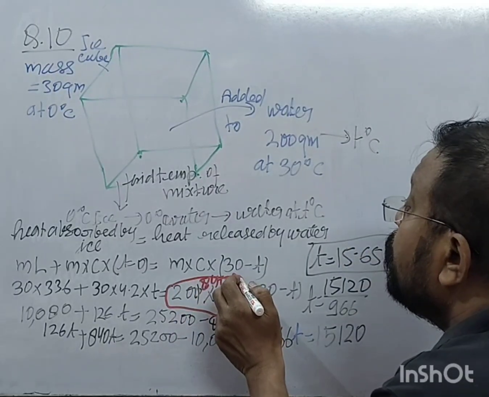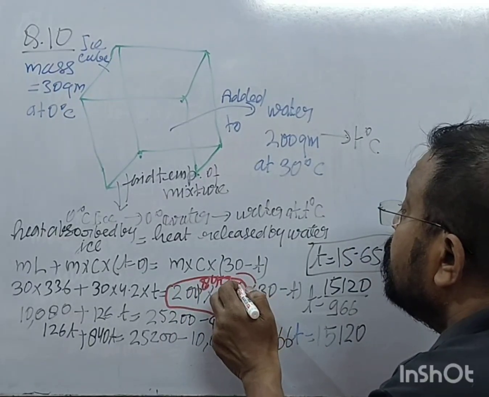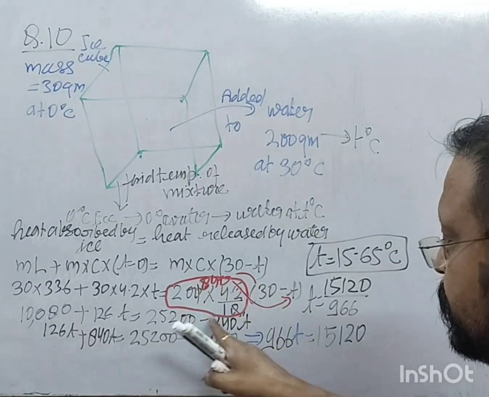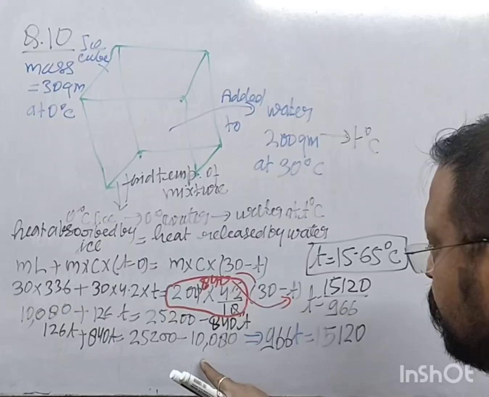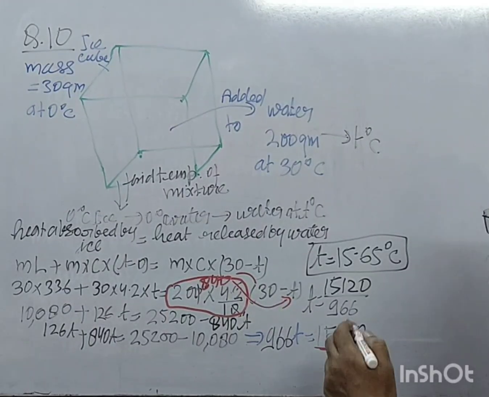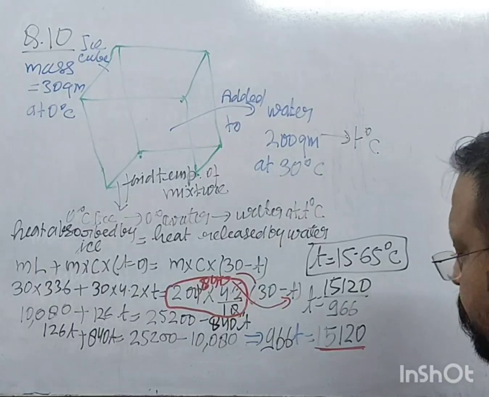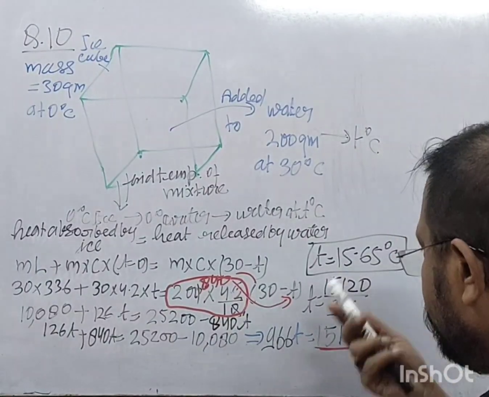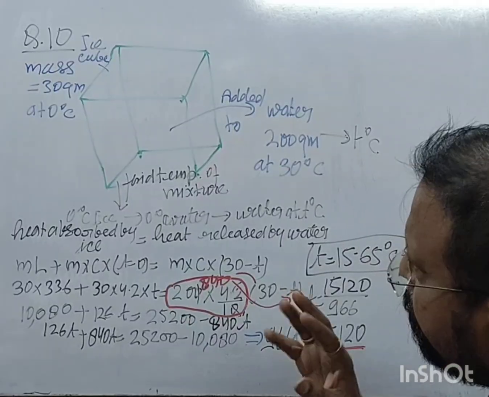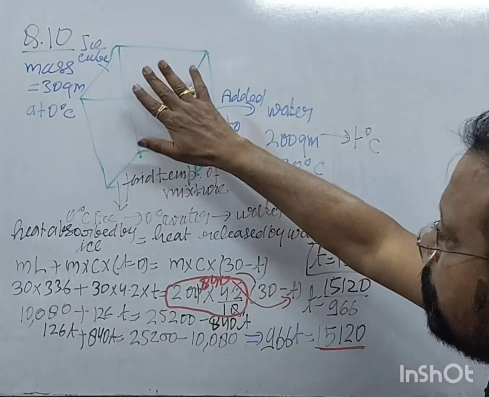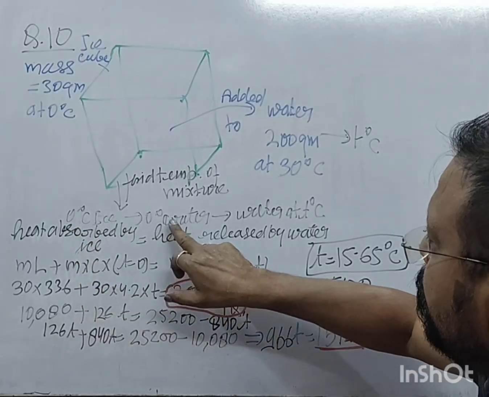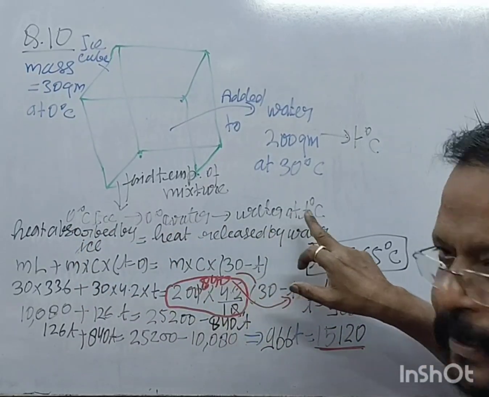Then 840 is multiplied by 30, and 840 is multiplied by T. Anyway, the logic is the same.